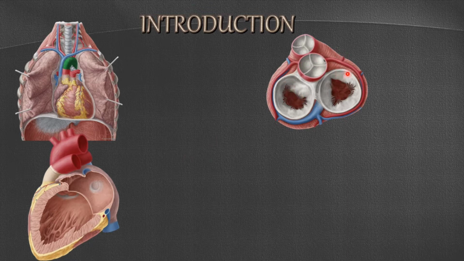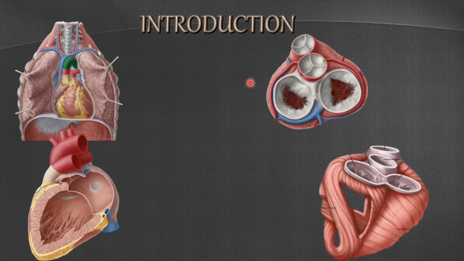This is the superior view of the heart, in which the atria are removed. The right and left atria are removed, so we can see all the valves at almost the same level. This is the confusion: why are we seeing all the valves at the same level, when they should be in different places? We will see how they are at the same level. You can see this is the lateral view, in which again the atria are removed, but these are the ventricles.